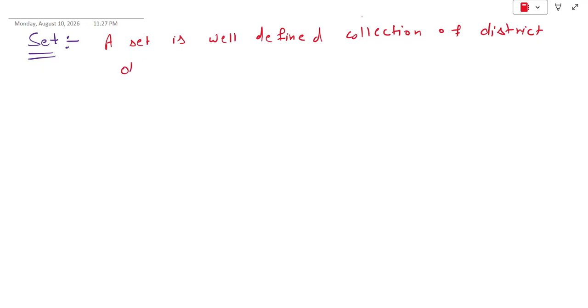So a set is a well-defined collection of distinct objects.